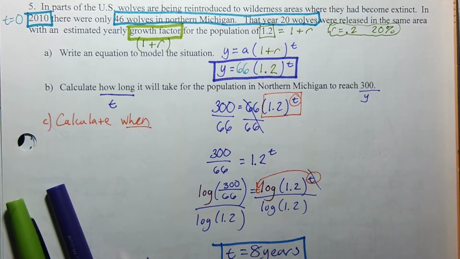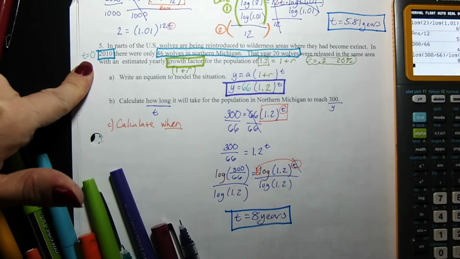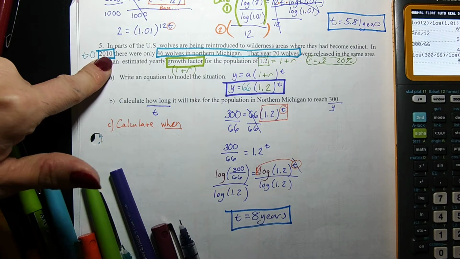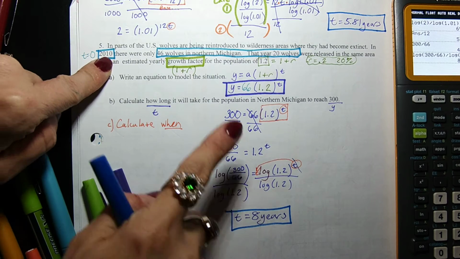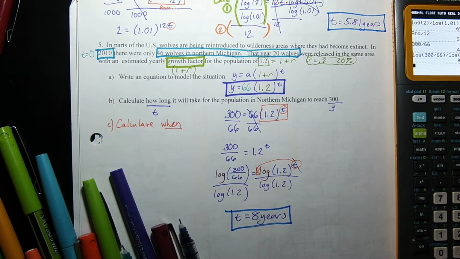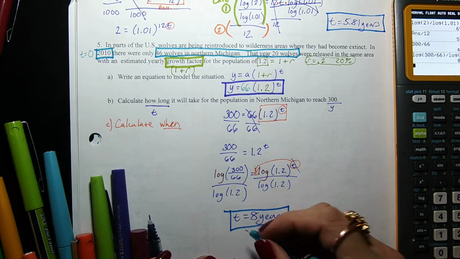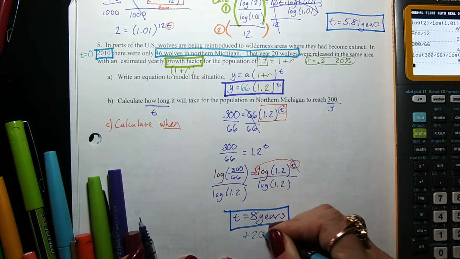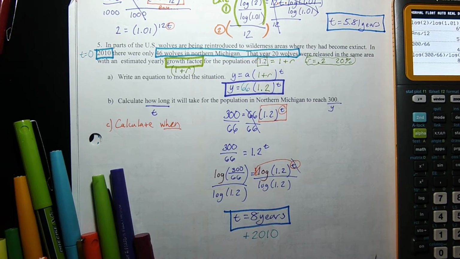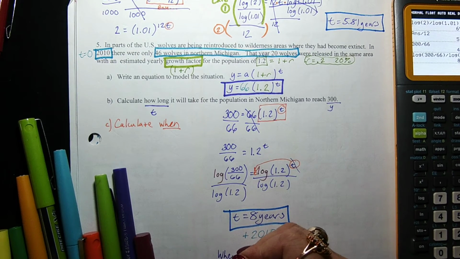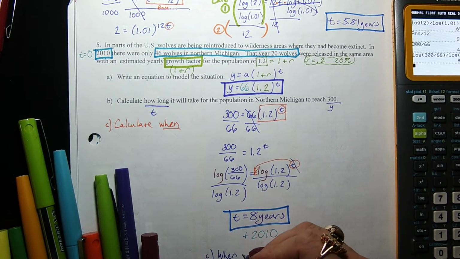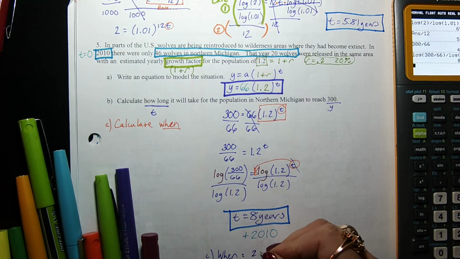But as far as when, if time 0, or our initial time, is 2010, 8 years from 2010 would be 2018. So we add 2010, and the when, part C, would be in the year 2018.